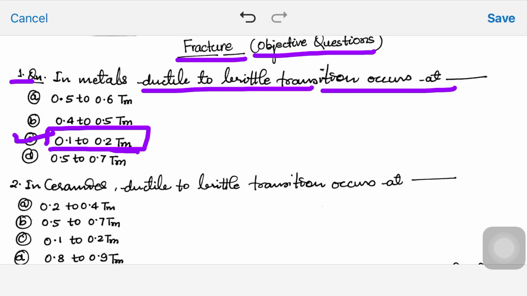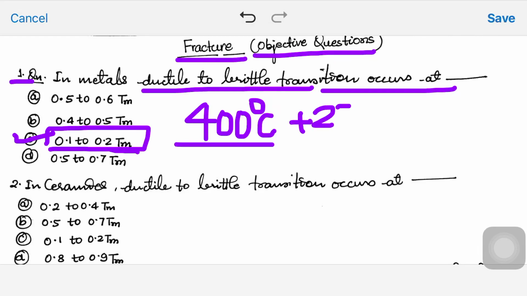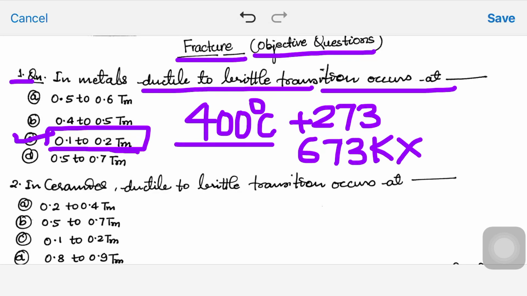Suppose we have a temperature of 400 degrees centigrade, and we want to find the approximate DBTT, then first you have to convert into Kelvin. So it will be 673 Kelvin, and now you have to find 0.1 and 0.2 of it, and you will easily get the value.